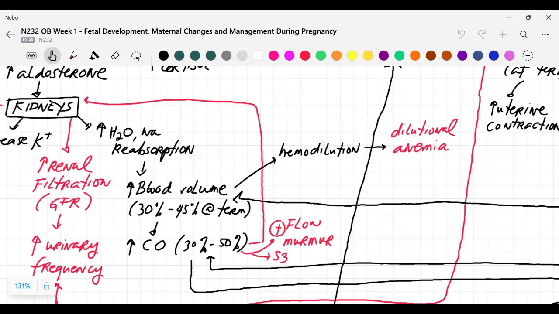What is normal hemoglobin? 12 to 18. So in pregnancy, it's common to be in the 11s. Okay, and there's nothing wrong with them all the time, it could be just dilutional anemia. There's so much water that it looks like it's diluted. It looks like there's less RBC and hemoglobin. Does that make sense? Okay.